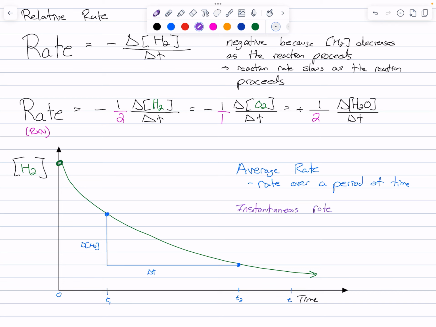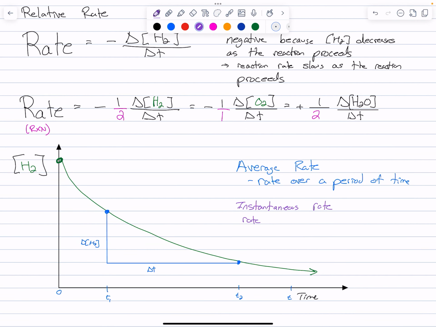And that is the rate at one point. Think speedometer. This is most of what we mean with rate.